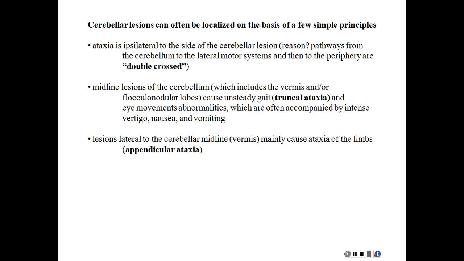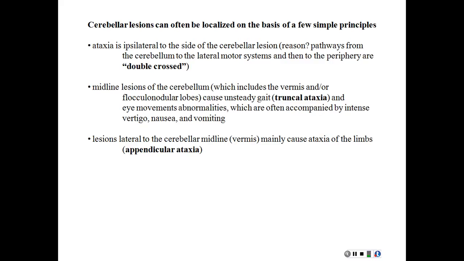And so truncal ataxia is actually lesions that occur in the midline of the cerebellum. So this is really easy now. If you think about the cerebellum as having a middle part and a lateral part, think that lesions in the midline have to do with your midline, your middle part. And lesions in the more lateral aspect of the cerebellum have to do with the lateral aspect of your body, the limbs.